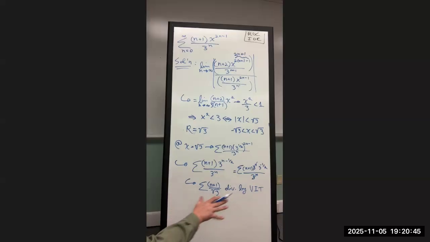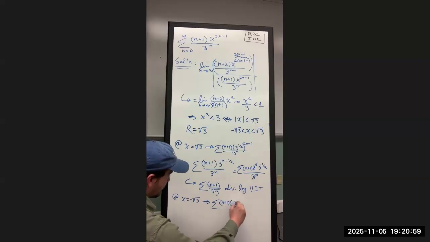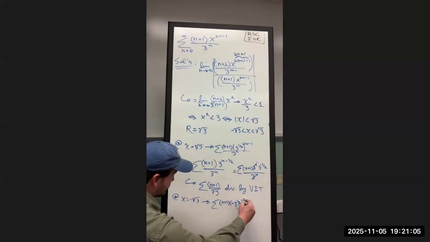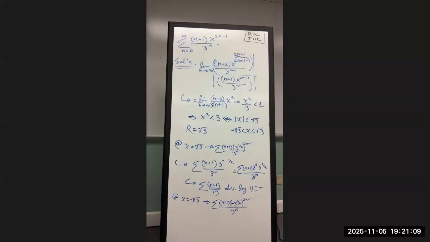All right, I think we can still see down here, hopefully. Let's test x at negative root 3. Do the same sort of thing. We'll try to skip a few steps here. This will be negative 3 to the 1/2 power, 2n minus 1 over 3n.